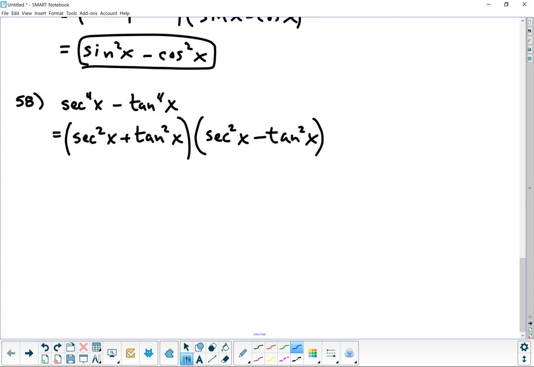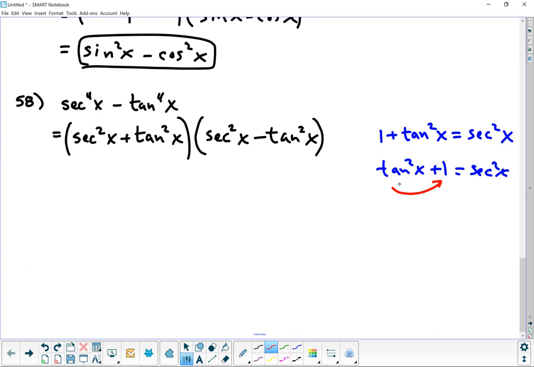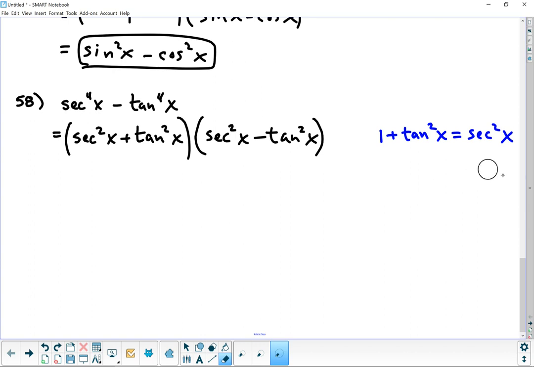I think I wrote it as 1 plus tangent square x equals secant square x, or something similar to that. I might have put the tangent in the front, plus 1 equals secant. But you can see it's the same thing. All I did was switch these two. So don't worry too much about the order if it's adding or multiplication. You only have to worry about it if it's division or subtraction.